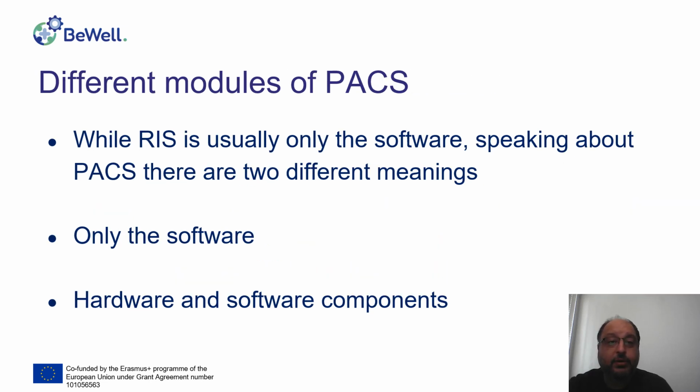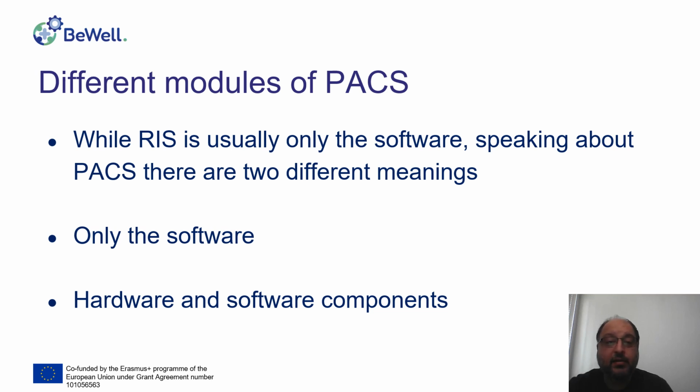So what about the modules of the radiology information system and the picture archiving and communication system? The radiology information system is usually only software, and with the picture archiving and communication system, it is complicated. In some cases, it is considered only software or software plus some hardware.